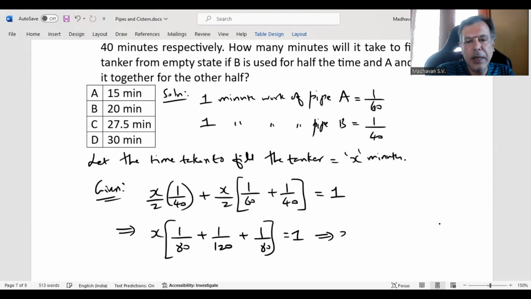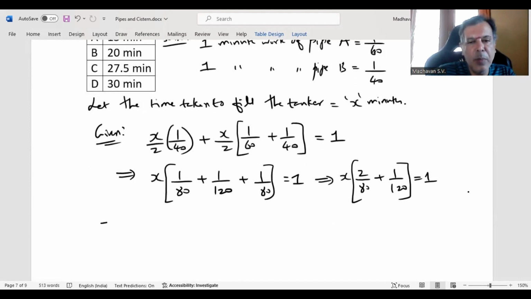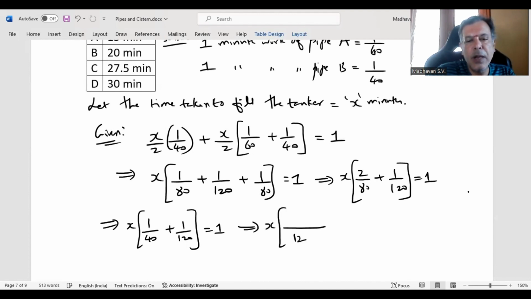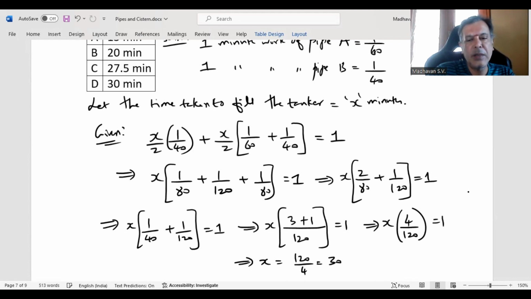Now, this can be rewritten as X times 2 by 80 plus 1 by 120 equated to 1. 2 by 80 is nothing but 1 by 40. 1 by 40 plus 1 by 120 equal to 1, which means X times LCM for 40 and 120 is 120. So 3 plus 1 equal to 1. That means X times 4 by 120 equal to 1. That means our X will be 120 by 4, which is 30 minutes.